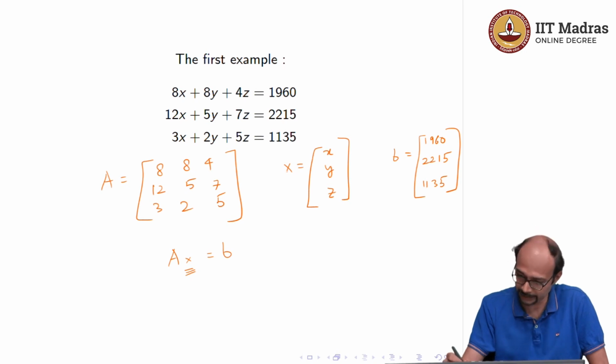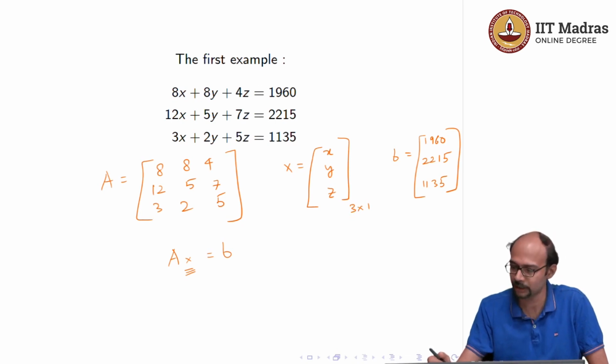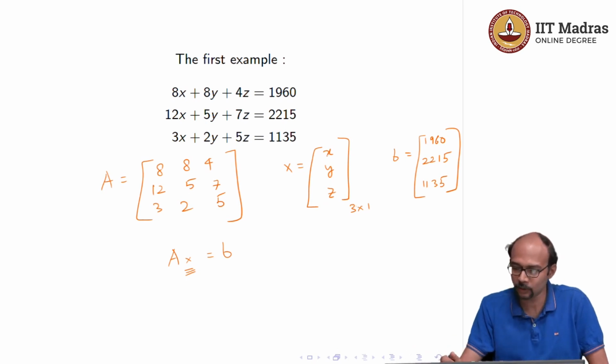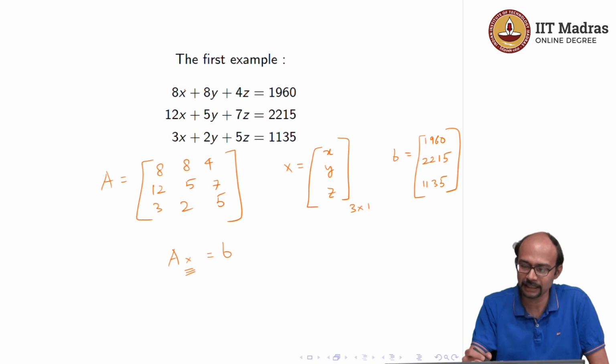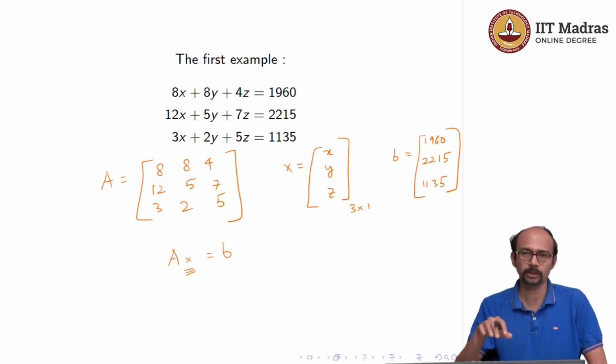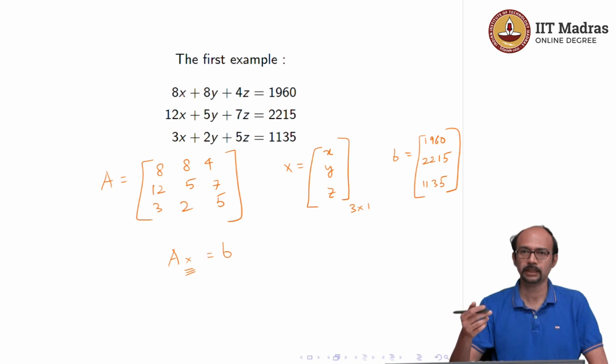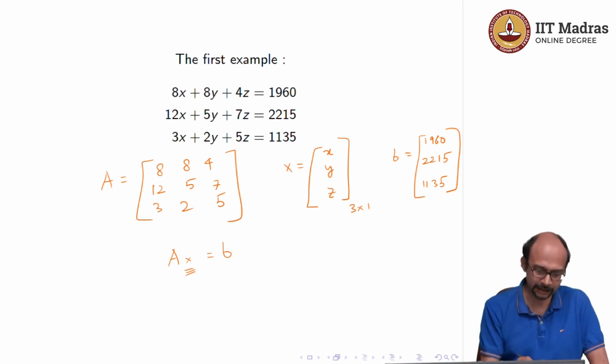This matrix has 3 rows and 1 column, so it is a column matrix of size 3. And inside it, the first entry is x, which is exactly our variable in our equations. This is an unfortunate clash of notations, but that's how it is, and with some practice you will get used to it.